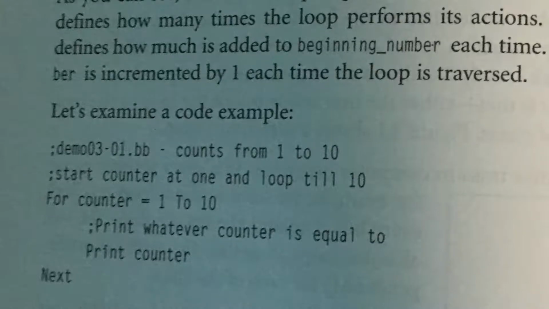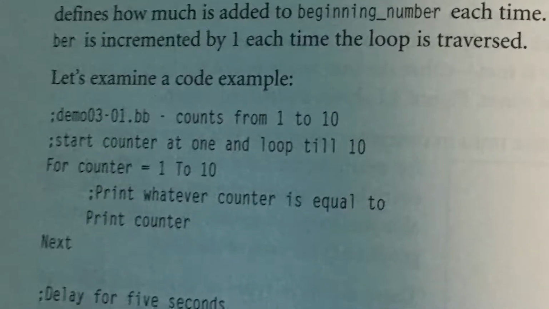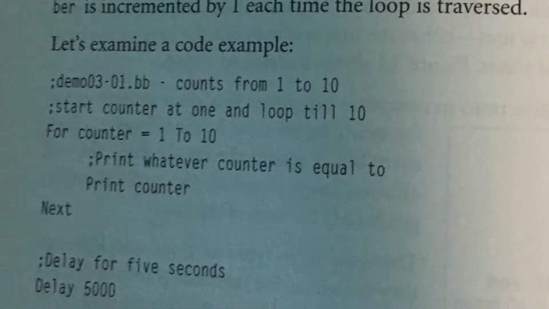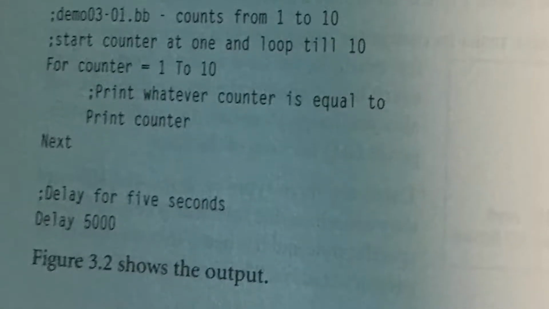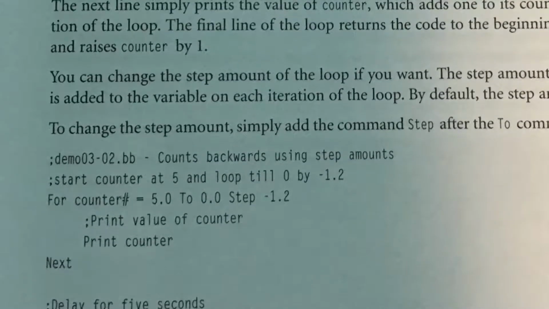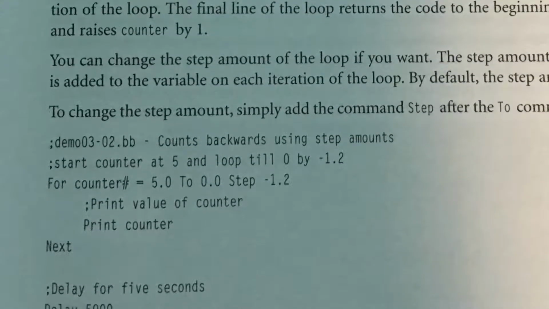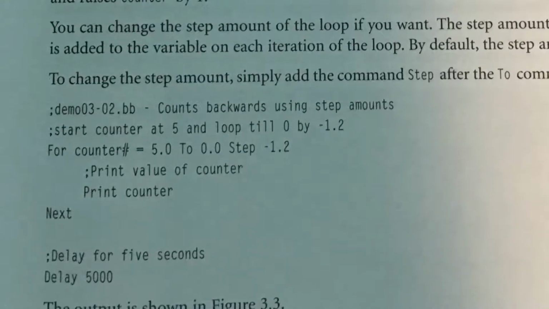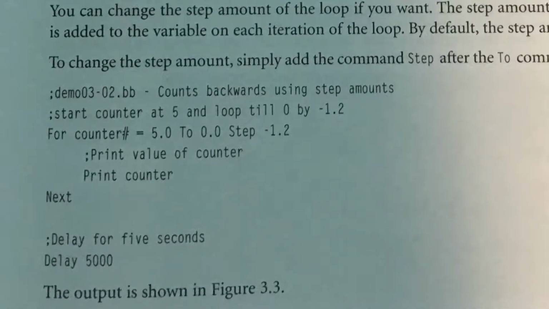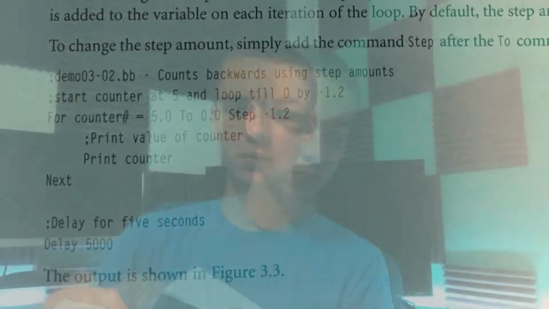There's some understanding loops, and there are even some example codes, such as demo3.bb counts from 1 to 10, and there's delay 5000, which means delay 5 seconds, and there's counting backwards using step amounts, which is counting from 5.0 to 0, step negative 1.2, delay 5000.